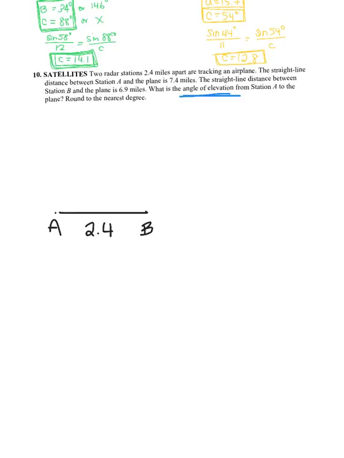All right, and then there's an airplane. I'm going to put the airplane a little off of center because it's closer to station B. All right, so there's my plane. From station A, it says the straight line distance is 7.4 miles. And the straight line distance to station B is 6.9 miles.